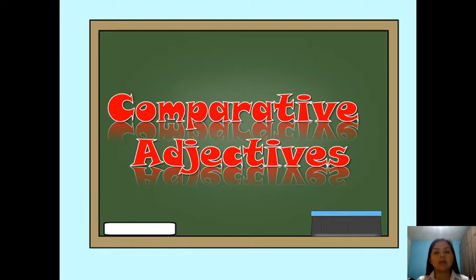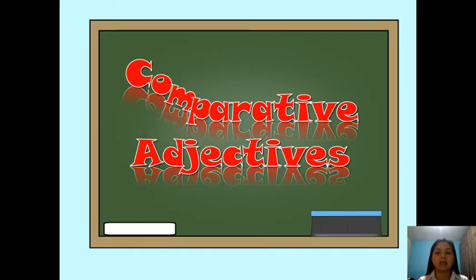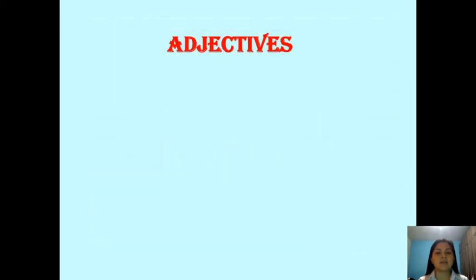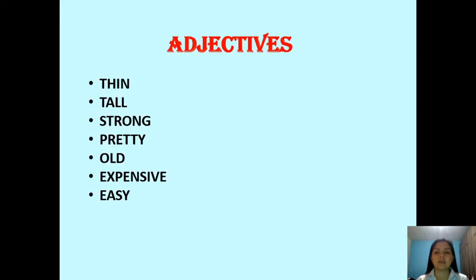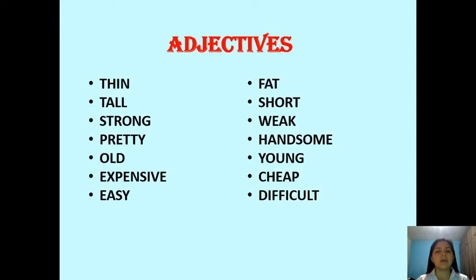Today we have the topic about comparative adjectives. Okay, let's start. Let's start with some vocabulary about adjectives. We have these words: thin, tall, strong, pretty, old, expensive, easy, fat, short, weak, handsome, young, cheap, and difficult.